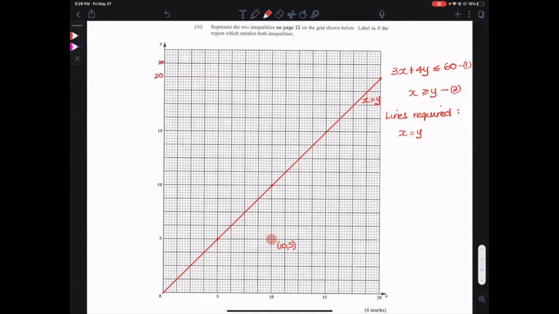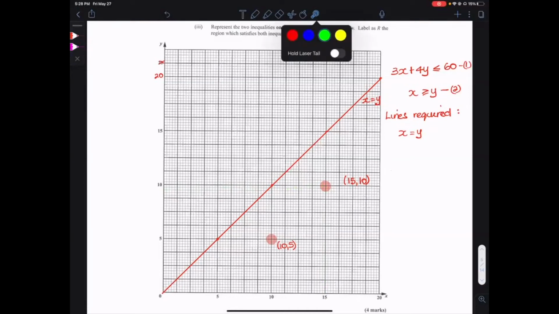Could somebody tell me the coordinates of this point here? x is 15, y is? 10. Thank you, Nicole. So x is 15, y is 10. Do you all see that?